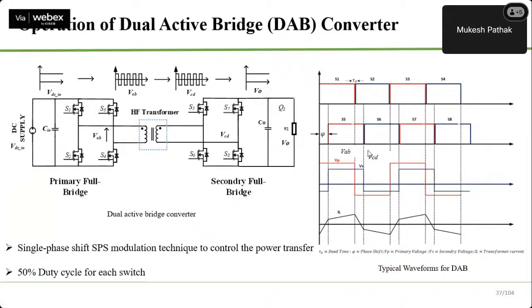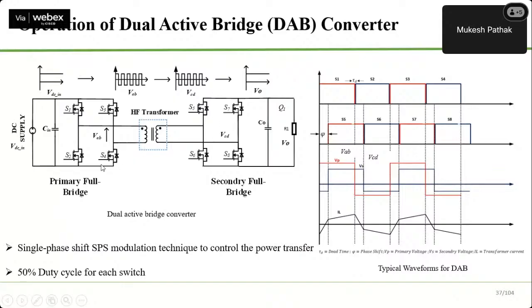About the DAB, dual active bridge converter, this is the input stage. It's a two-leg converter having four devices, and the input side is DC supply. If it is coming from the grid, then there is a rectifier on the input side. And then there is a high frequency transformer. Similar to the primary side, you have another stage, the secondary full bridge.